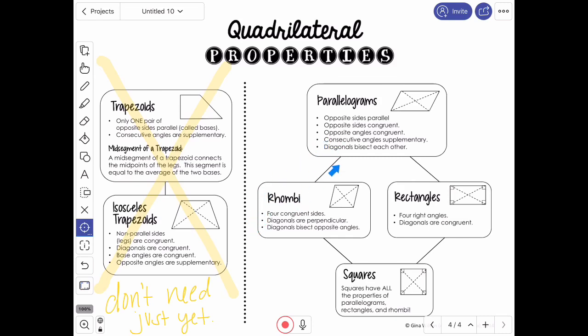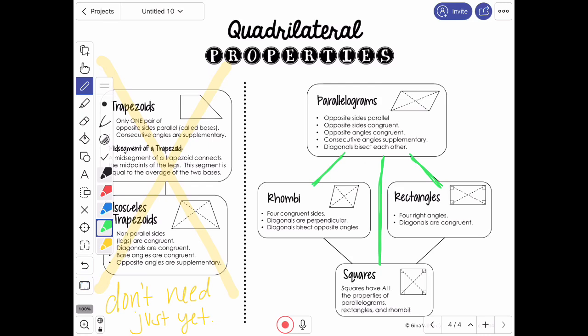So maybe make note of that somehow, that's why these should be connected, okay? And then the same goes with squares. Squares, they tell you down here, have all the properties of parallelograms, rectangles, and rhombi, so that's why it's all the way at the end. I could even make a line that goes all the way down here too.